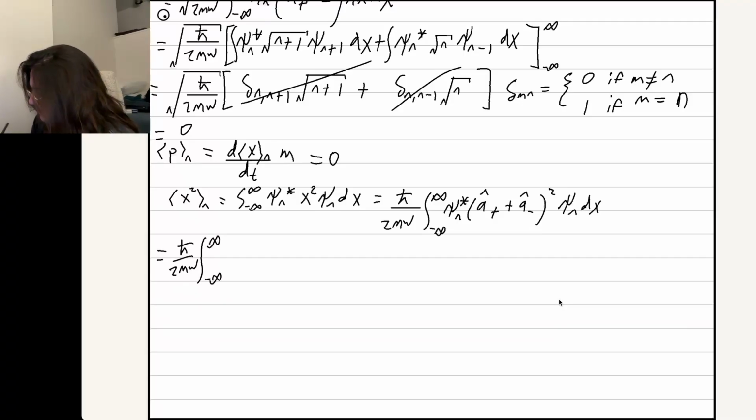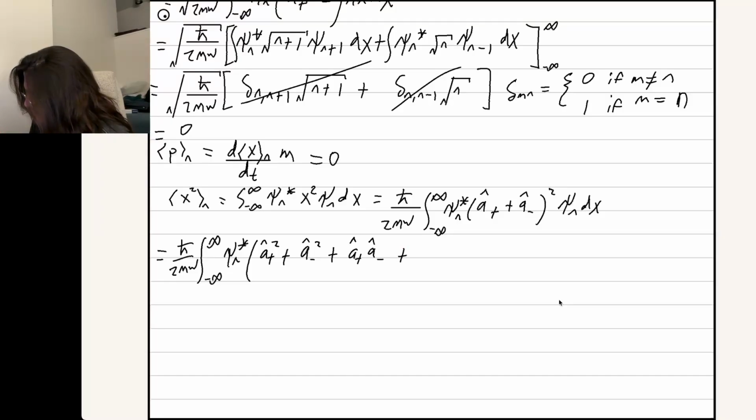So we'll have the squared raising operator plus the squared lowering operator plus the a plus a minus plus the a minus a plus, acting on psi n. And that's what we're integrating.